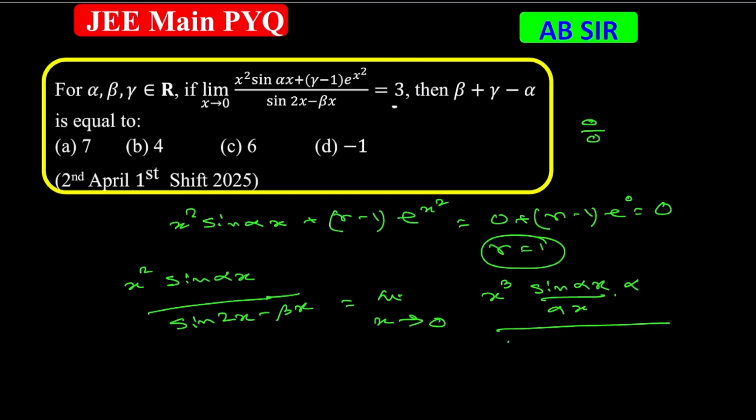And sin 2x is the series 2x minus (2x) whole cube by 3 factorial plus (2x) to the power 5 by 5 factorial up to infinity, minus beta x. So finally we are getting this.